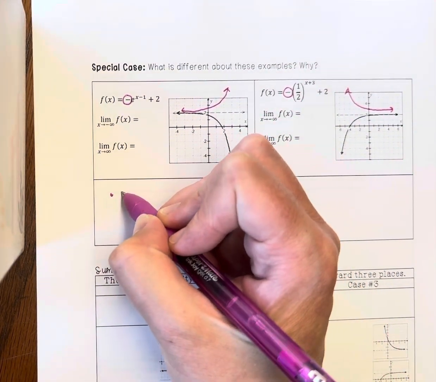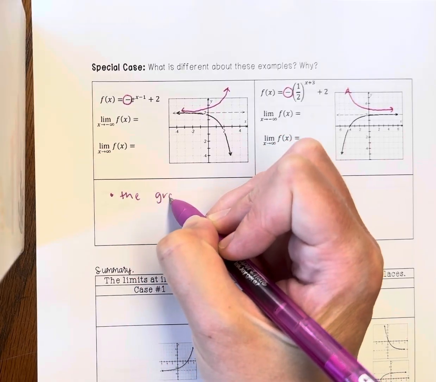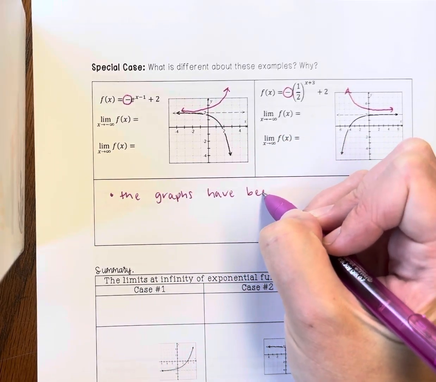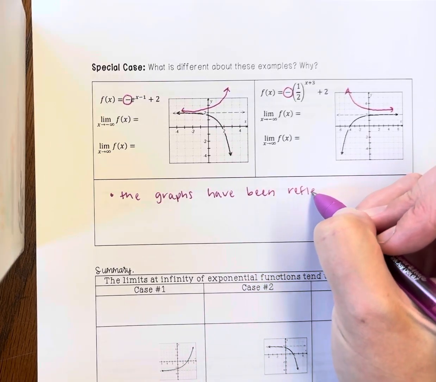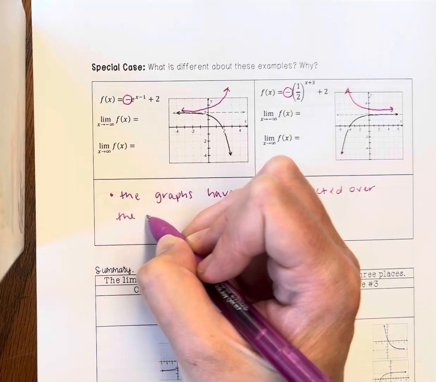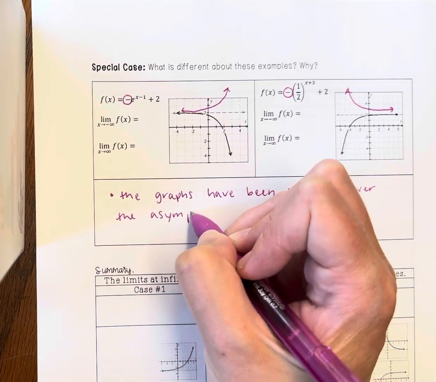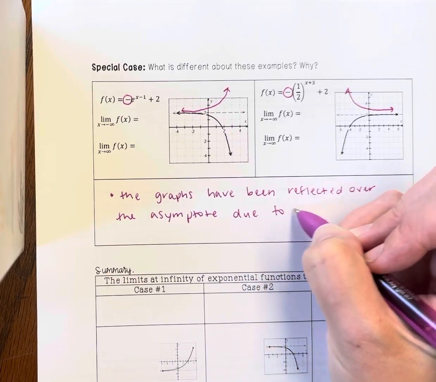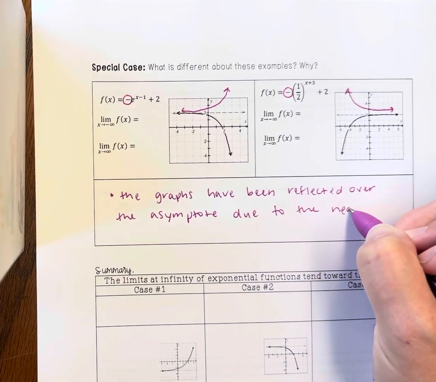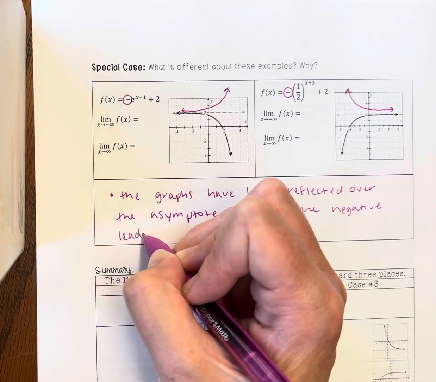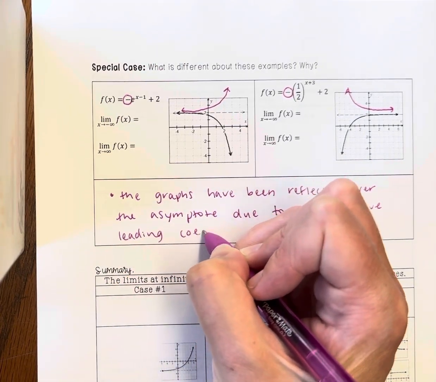So the graphs have been reflected over the asymptote due to the negative leading coefficient.